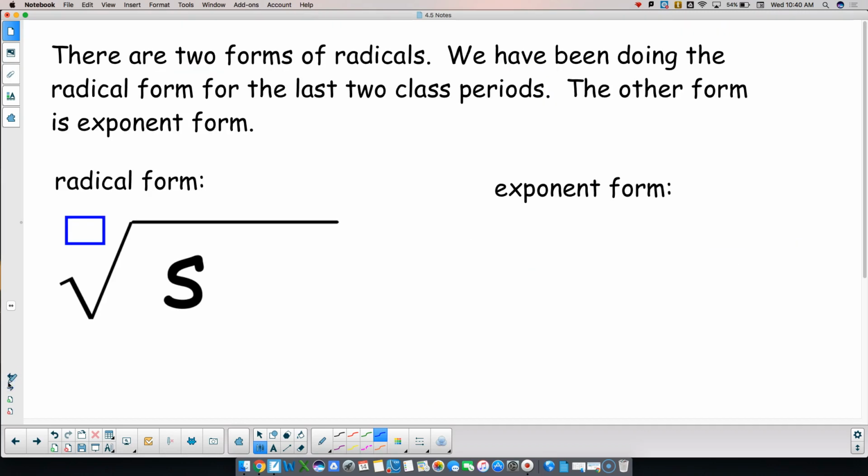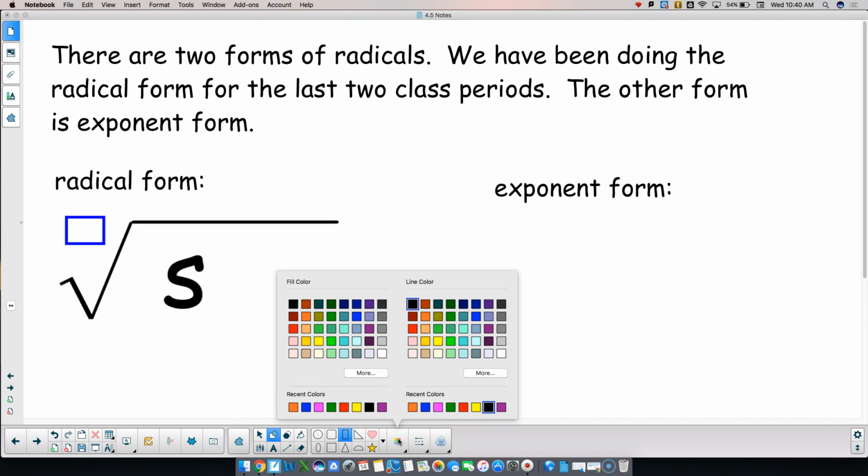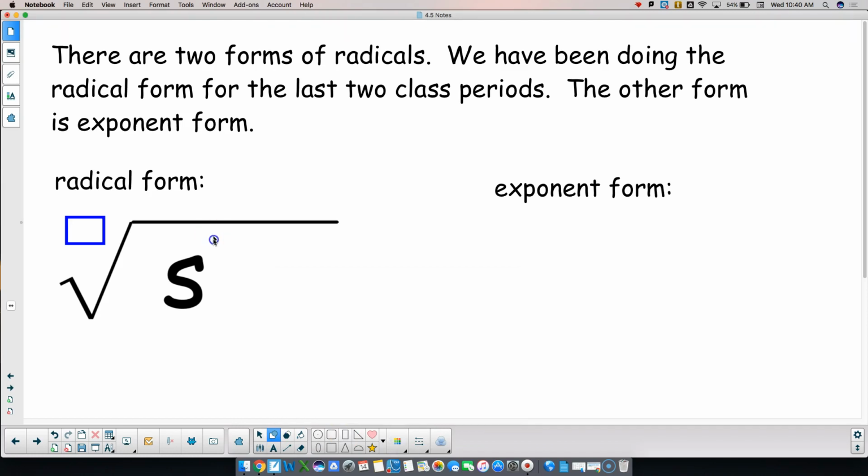So there are 2 forms of radicals. First thing I want to do is add in here a box, and I want my box to be green. There we go. Perfect. So we've been dealing with radical form, and that's great. But we can write the same term in exponent form.